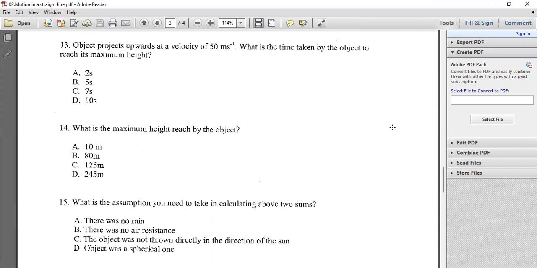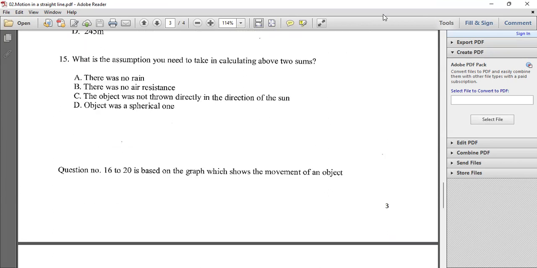So exactly you can't calculate the velocities like this. There could be variations other than your assumptions. There was no rain? There's actually no direct effect from the rain on our calculations, so you can just avoid it. There was no air resistance. That is what you have to consider.